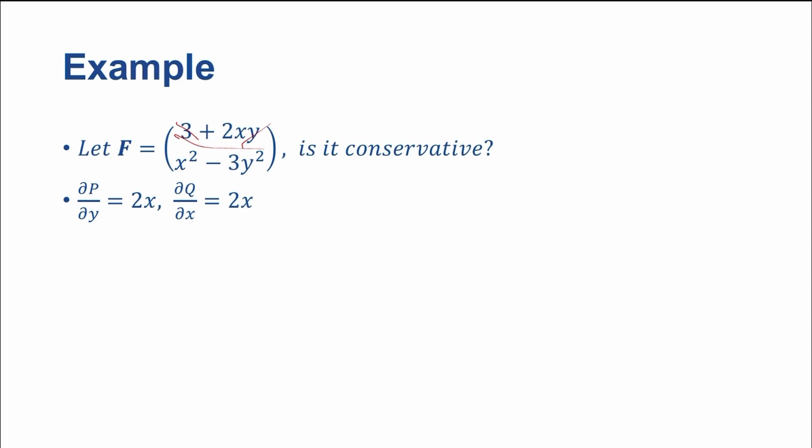If I take the derivative of the y component with respect to x, then this y component gets killed, and then this 2 will go down with the power rule. And I get 2x. So thus, because partial yP is equal to partial xQ, F is conservative. So we have a conservative vector field on our hands. So that's an easy way to check, okay?